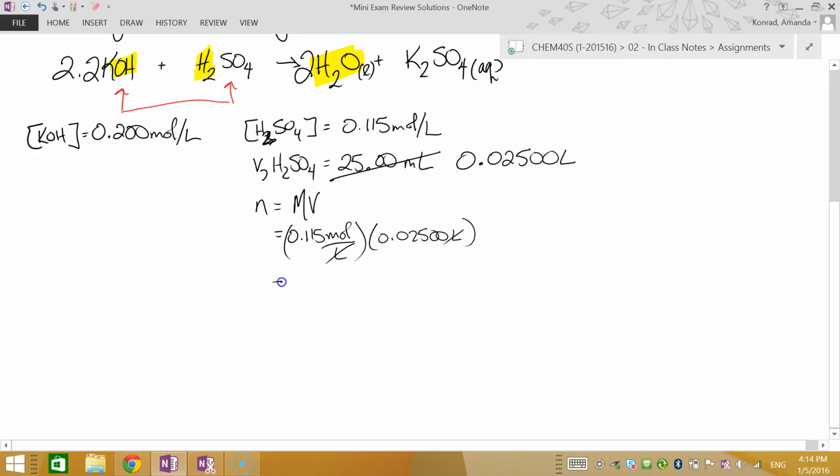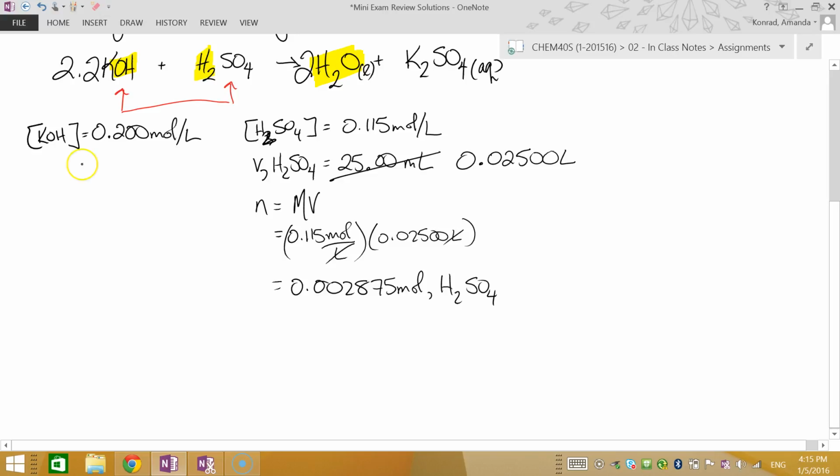I cancel out my units just to make sure that I'm doing the correct mathematical operation, and I punch this into my calculator and I get 0.002875 moles of sulfuric acid.